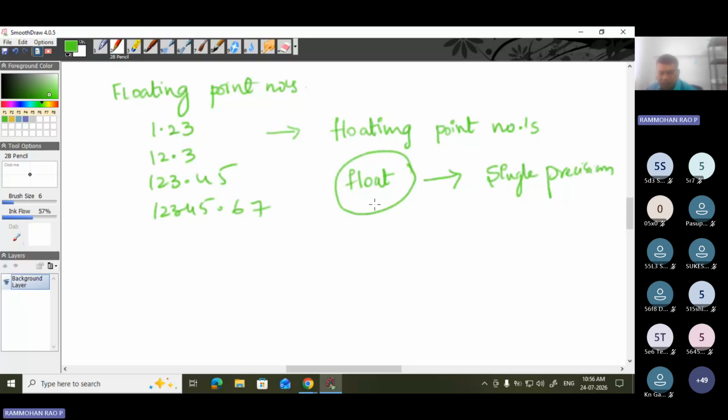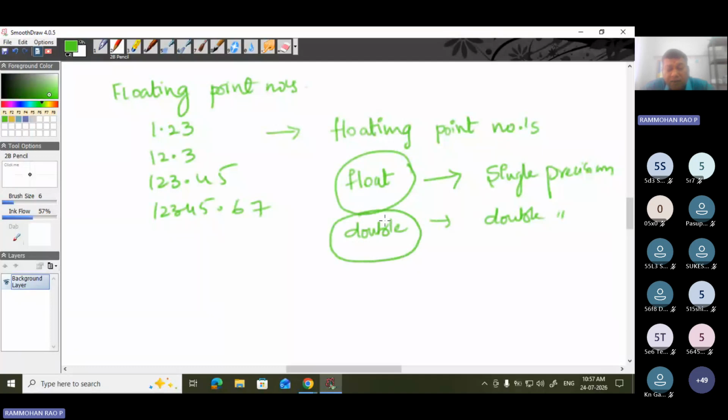The moment I say this is not sufficient and I want to go for double precision, that's the reason you have a data type called double. So friends, the names of the data types are also based on the underlying representation of floating point numbers.